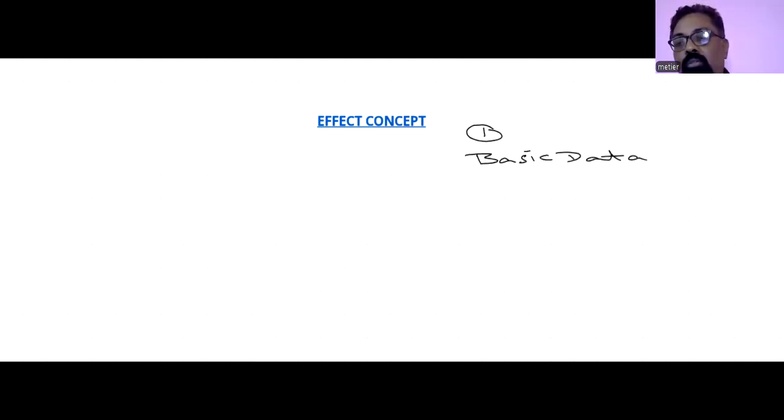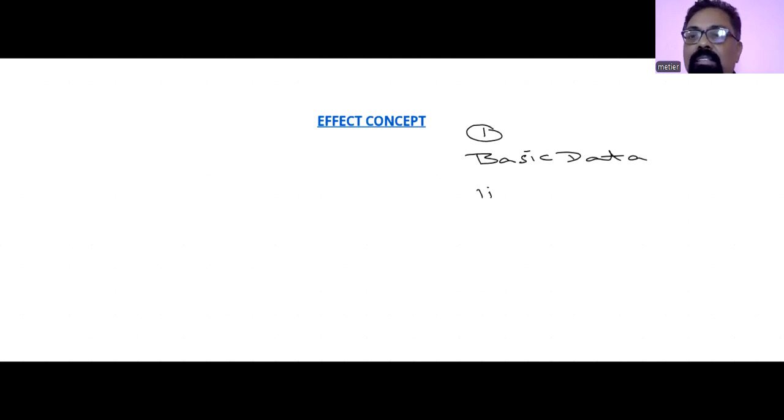What is effect? In the effect concept, first we will focus on the basic data. Basic data means the base on which you have to consider the effect.